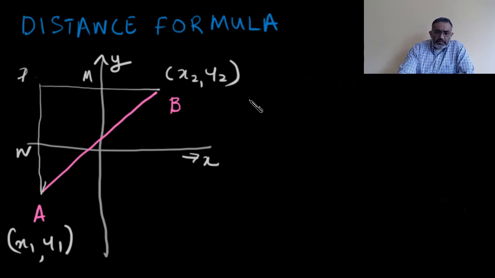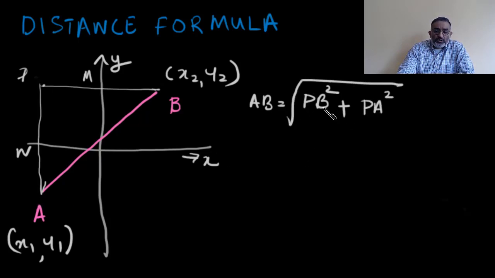Now, this distance AB would be equal to this distance PB squared plus this distance PA squared, square root of the entire thing. Now, what is PB? It is equal to PM plus MB. All right. Now, you can see that this distance till here, let me use a different color.